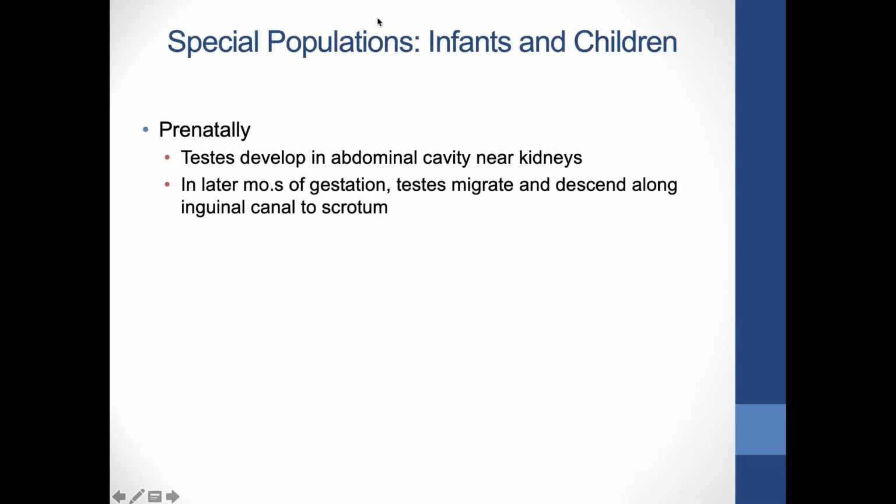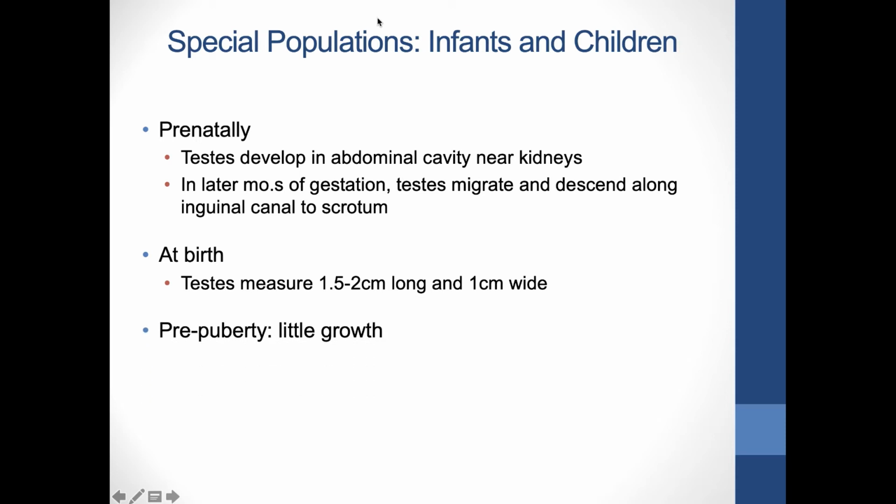When addressing our special populations with infants and children, prenatally the testes develop in the abdominal cavity near the kidneys. In later months of gestation, these testes migrate and descend along the inguinal canal to the scrotum. When the baby's born, the testes measure 1.5 to 2 centimeters long and 1 centimeter wide.